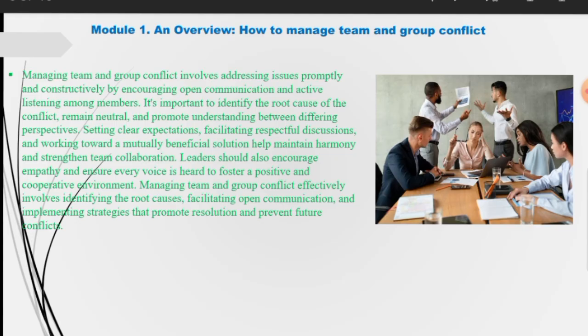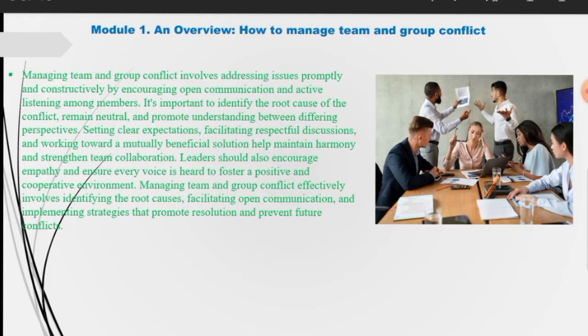Setting clear expectations, facilitating respectful discussions, and working toward a mutually beneficial solution help maintain harmony and strengthen team collaboration. Leaders should also encourage empathy and ensure every voice is heard to foster a positive and cooperative environment.